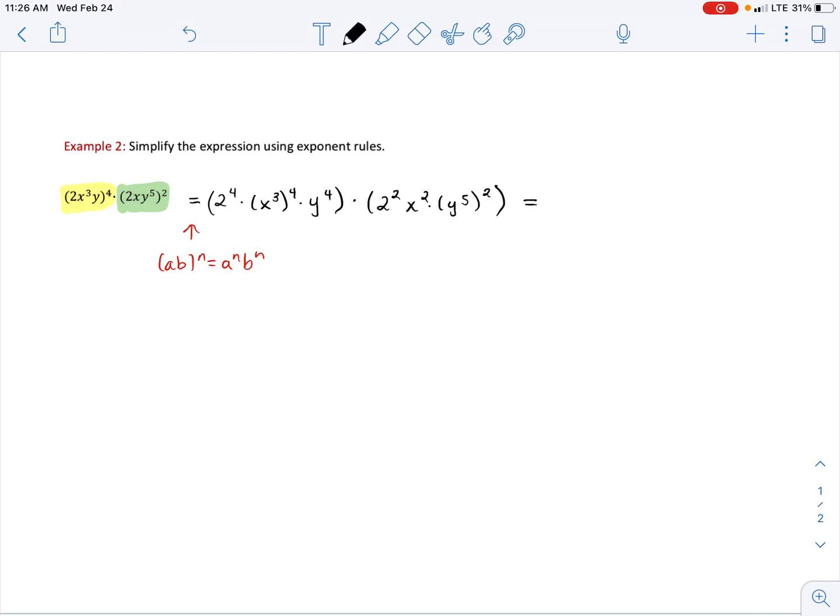And so we have an exponent rule that says that you would multiply those exponents. So this becomes 2 to the 4th x to the 3 times 4, y to the 4th, and then that's being multiplied by 2 squared, x squared, y to the 5 times 2.